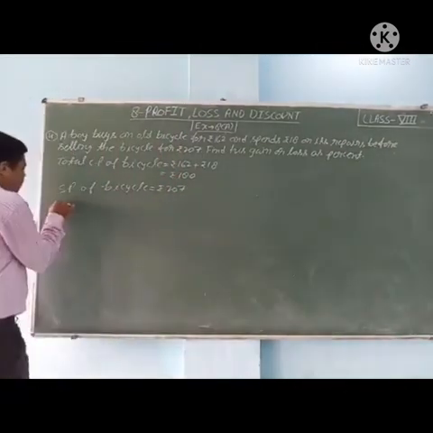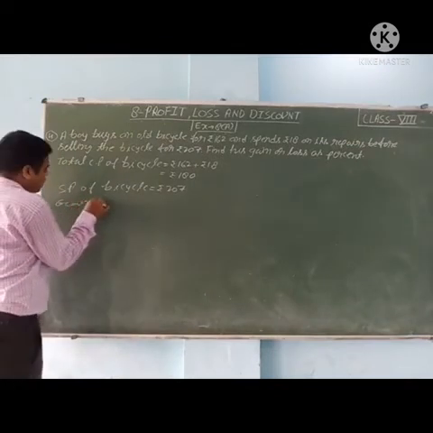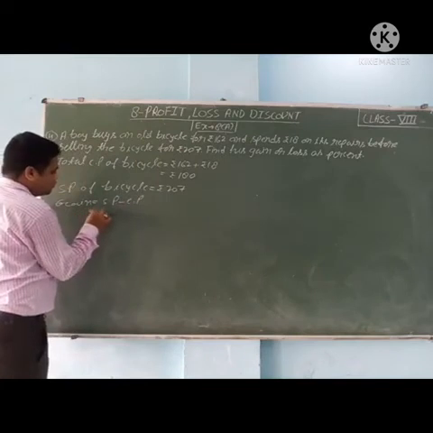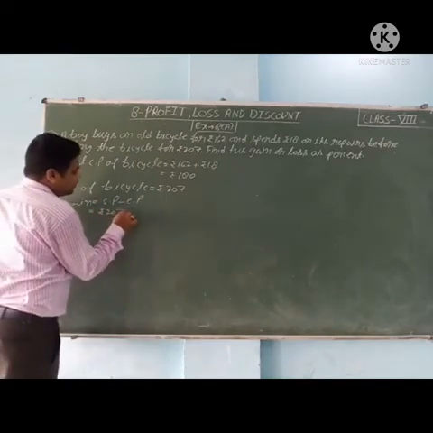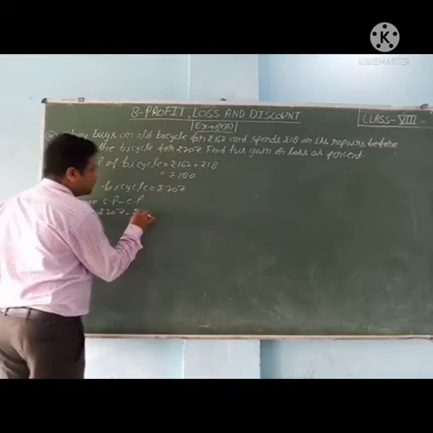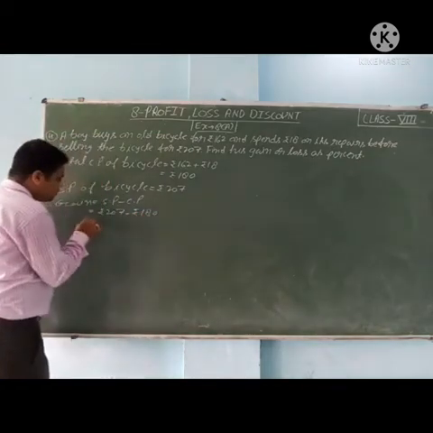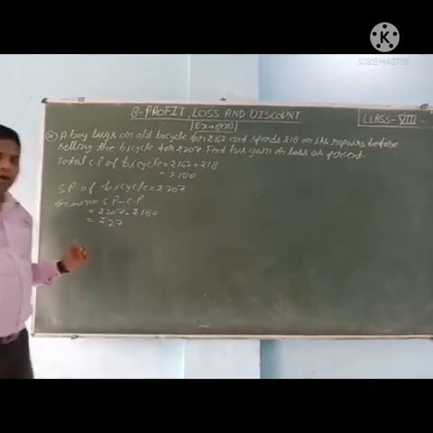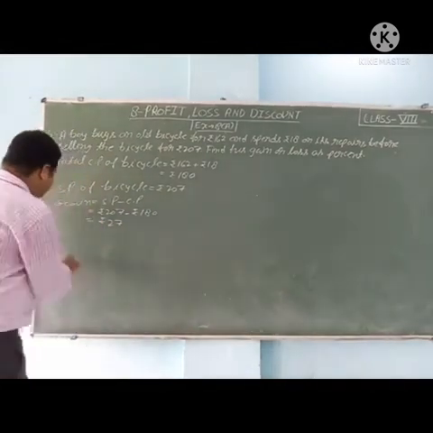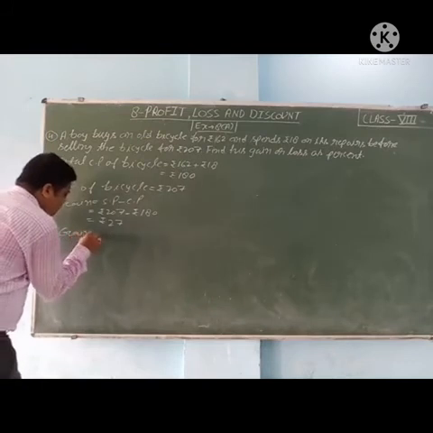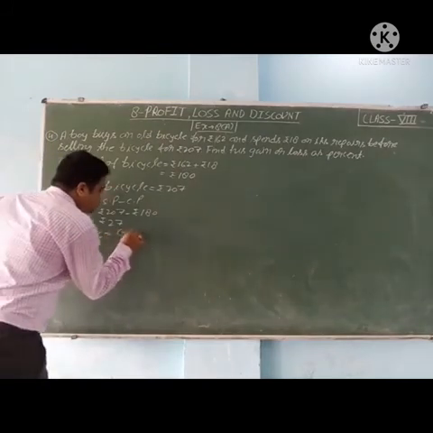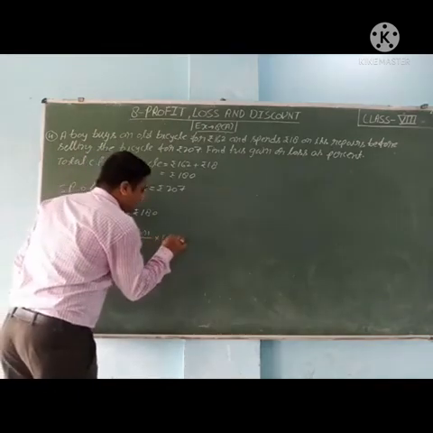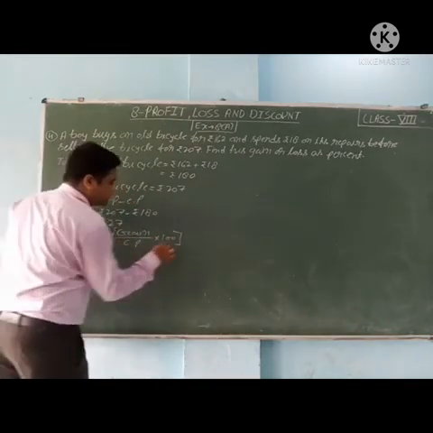So gain is equal to, formula of gain, SP minus CP, is equal to rupees 207 minus rupees 180, is equal to rupees 27. So we have to find the gain percent. So gain percent is equal to, same formula we will use, gain upon CP into 100%.